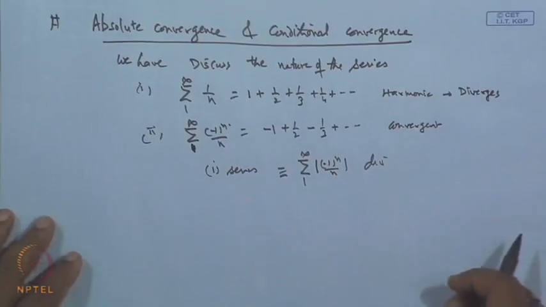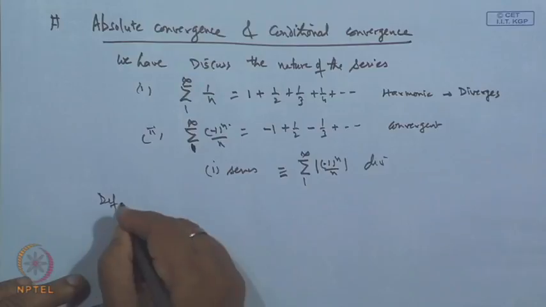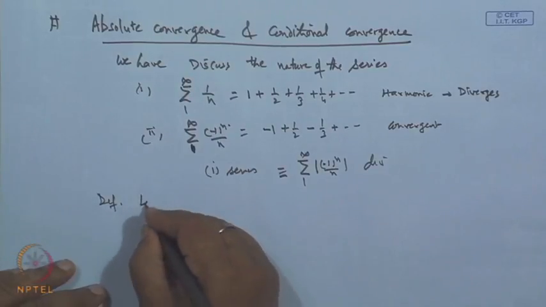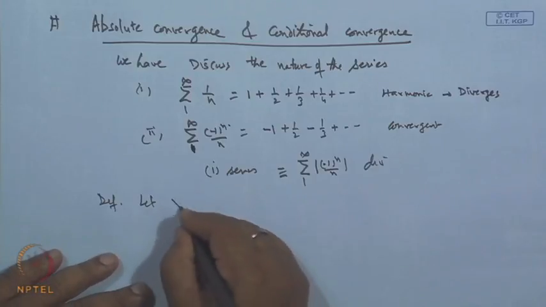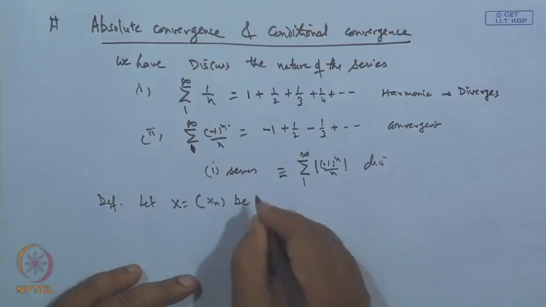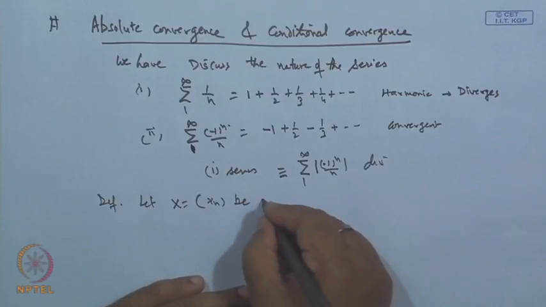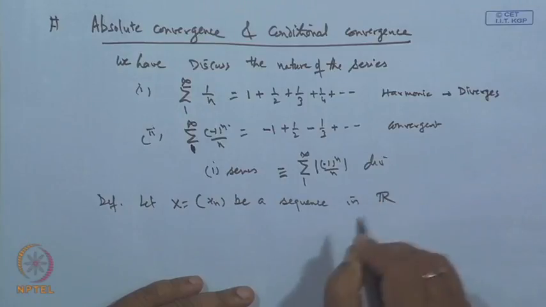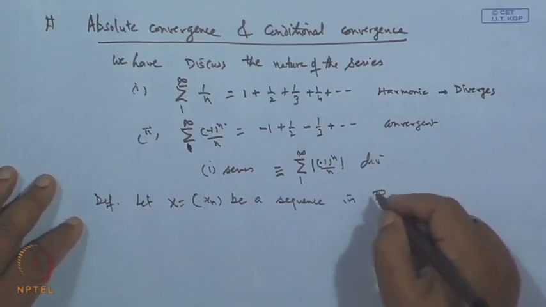So, we define the absolute convergence of a series as follows. Let x_n be a sequence in R, the set of real numbers.